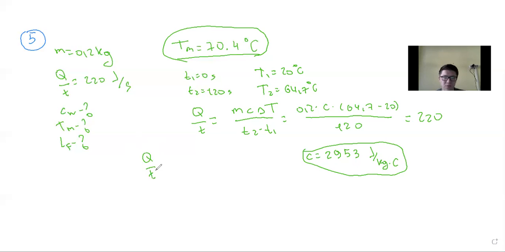Q over t equals 22. Q is mL over t equals 22. L equals... am I doing it right?